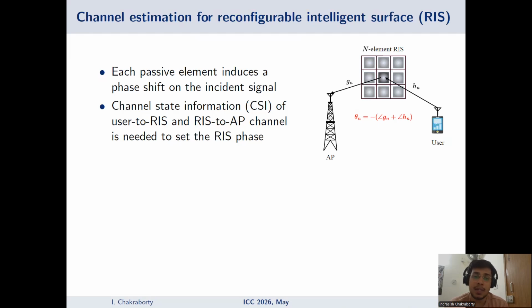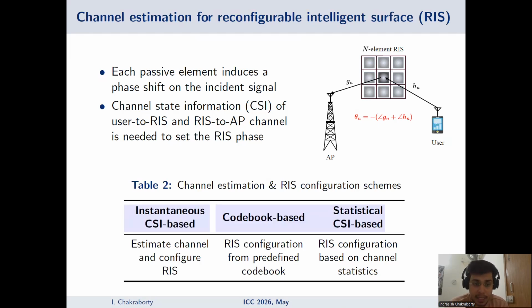You can categorize them in three different paradigms. First one is instantaneous CSI-based schemes, where you estimate all these cascaded channels and configure the RIS accordingly. Then comes the codebook-based schemes, where RIS configurations come from a predefined codebook, and you select the code word which gives you the maximum received signal strength.